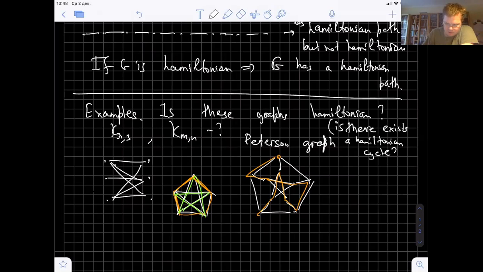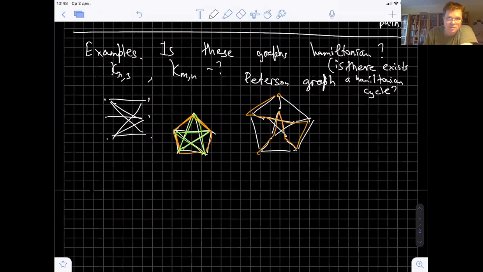So maybe I will give you another picture. It's similar to the Petersen graph, but with some other links between the vertices.